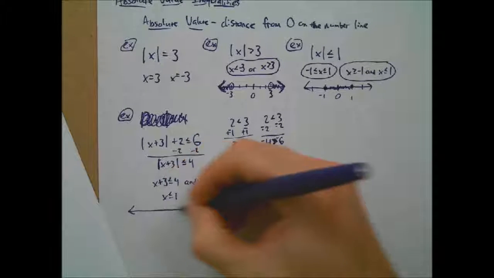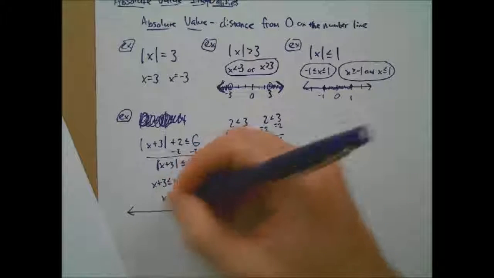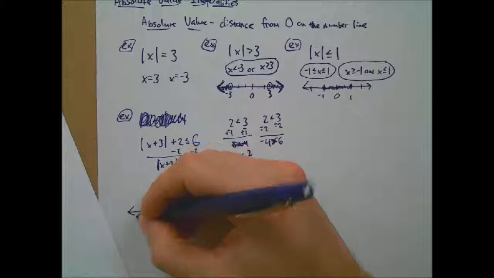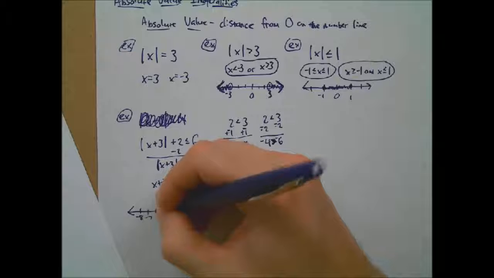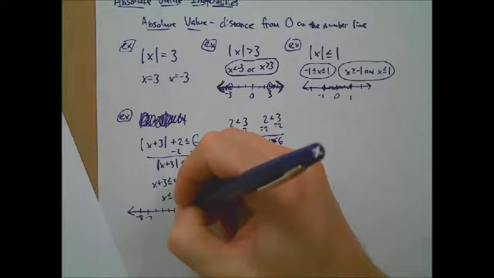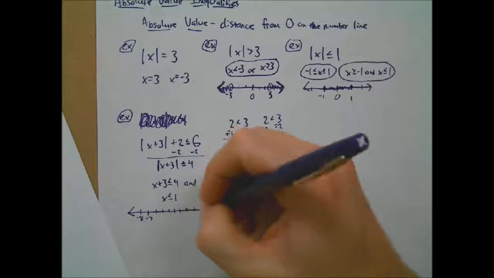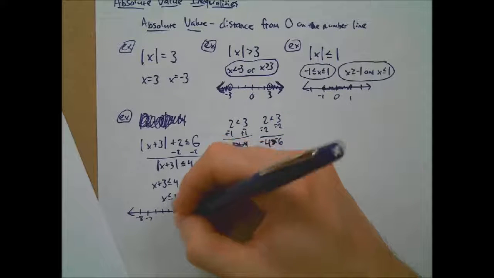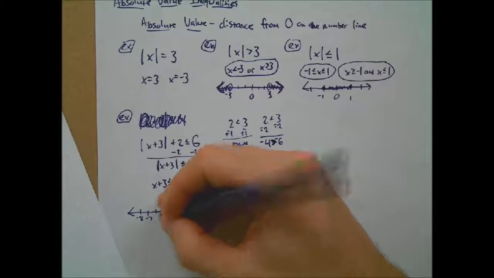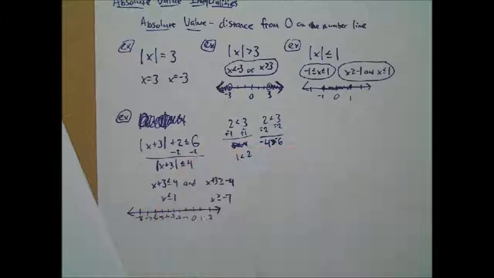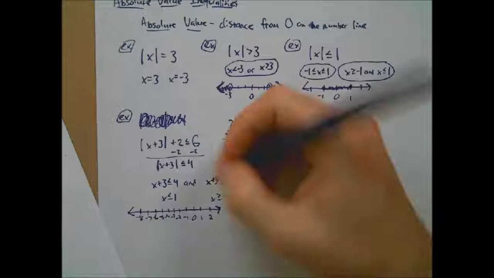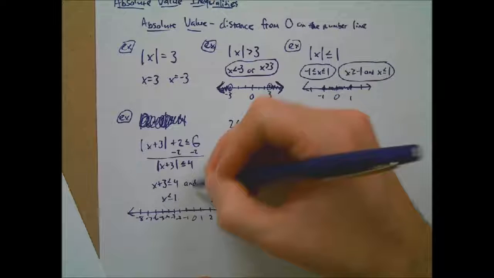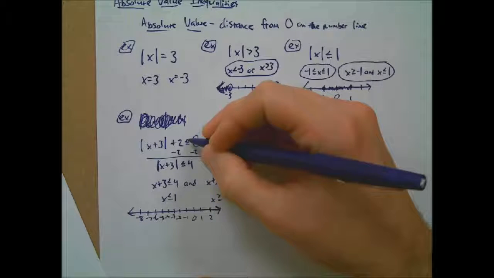So we're going to graph this real quick, just because we can. So let's see here. I got to go from negative 7 to 1. So let's see, negative 8, 7, 6, 5, 4, 3, 2, 1, 0. Blast off. 1, 2. And again, the clue here that I'm going to have an and inequality is because I want to be less than or equal to a certain distance from 0.